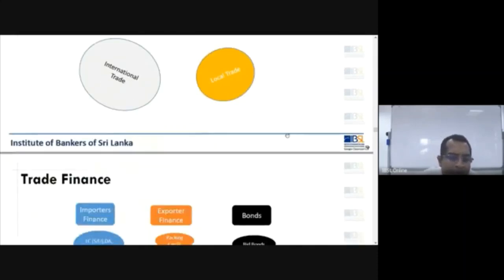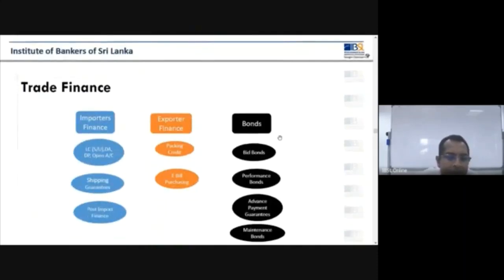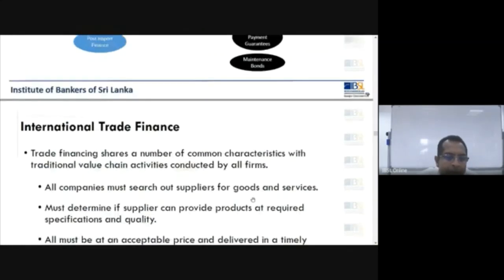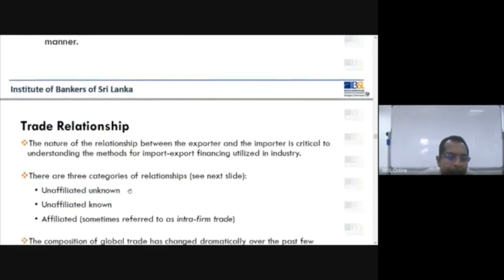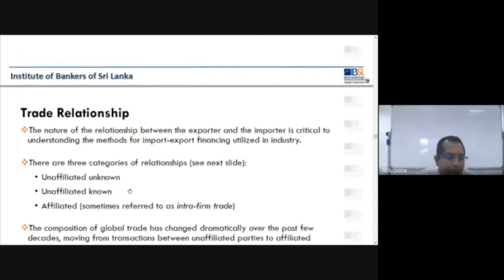Let us go to the handout. So in today's lecture, we will be covering all these things: importer, exporter, and bonds. So this is what I was talking to you about trade, right? Then we will come to the relationships.